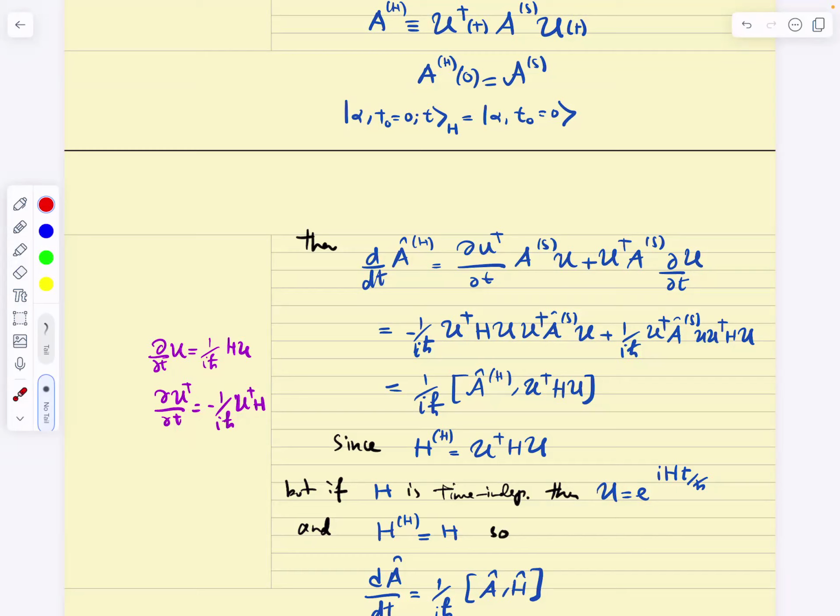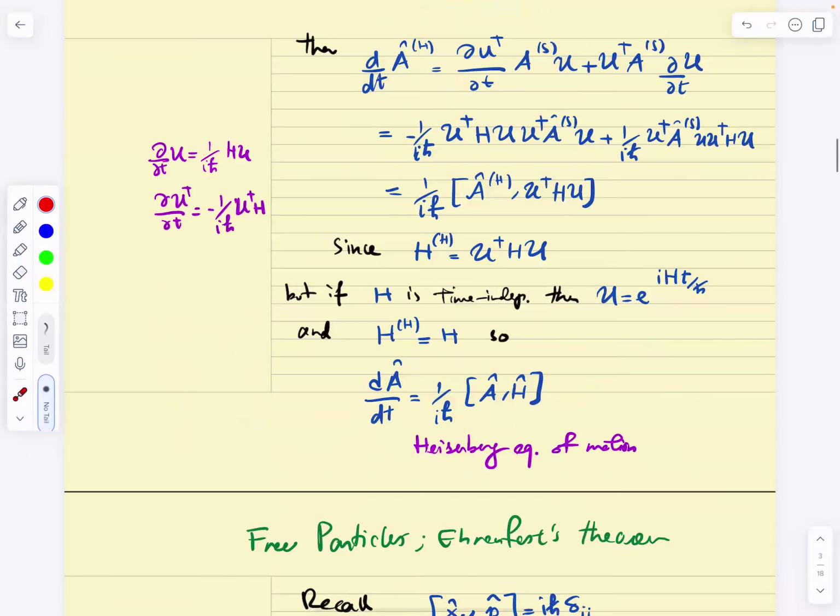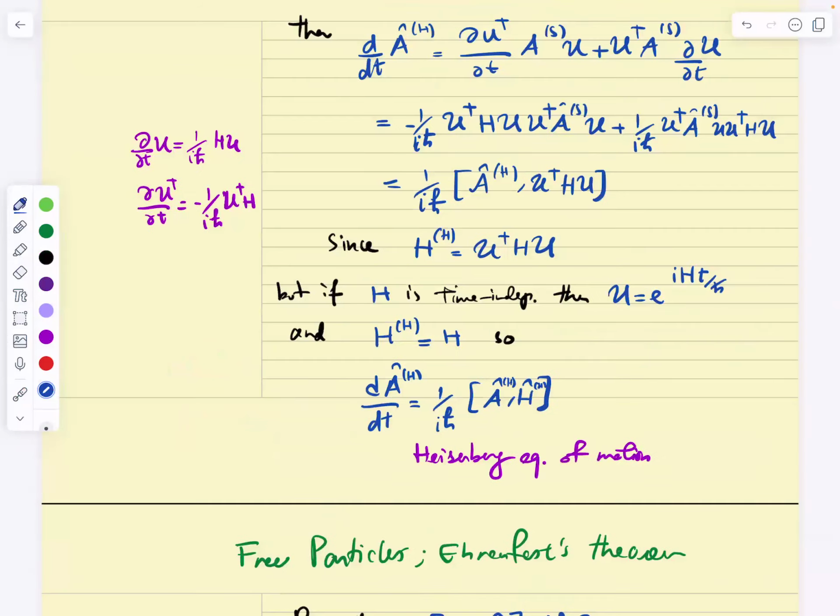At different times, you always have to make sure you get the Hamiltonian right. What is the Hamiltonian of the system? But in general, the equation of motion, everything written in the Heisenberg picture, is simply this. This is called the Heisenberg equation of motion.